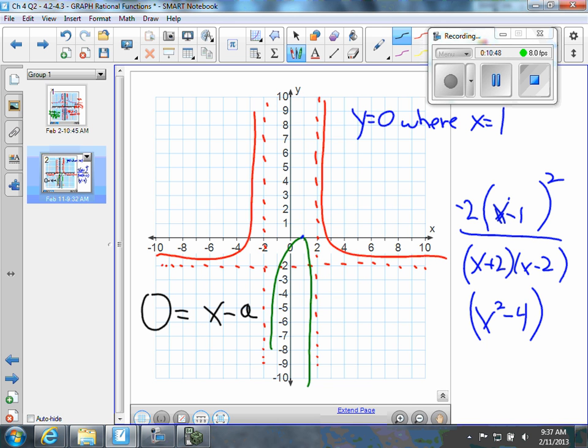So if I say x is 1, then 1 minus a equals 0. I subtract 1 from both sides, I get negative 1 equals negative a. I get a is equal to 1. Right? So x minus 1, which is just what we have. And that gives us our numerator. Okay with that? All right.